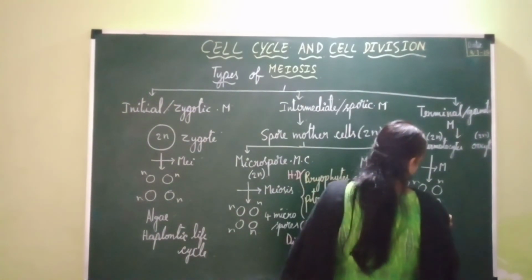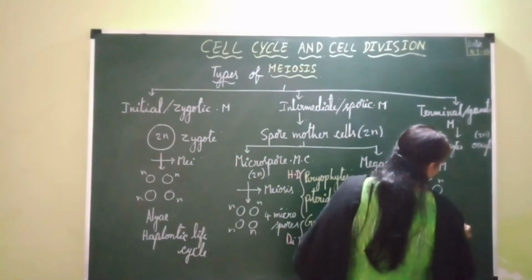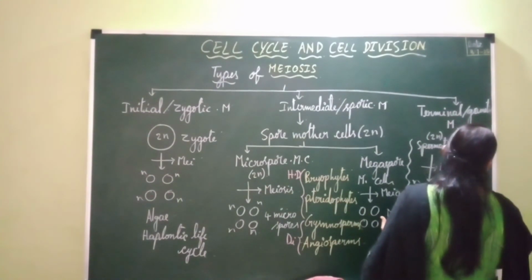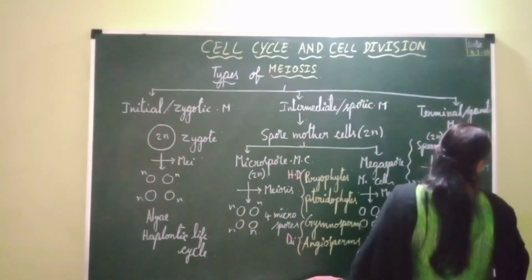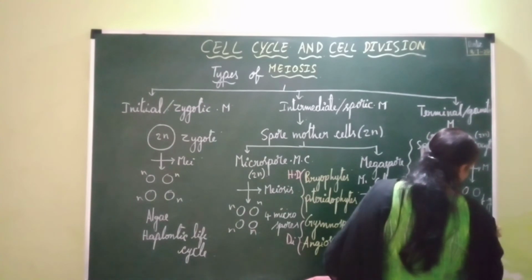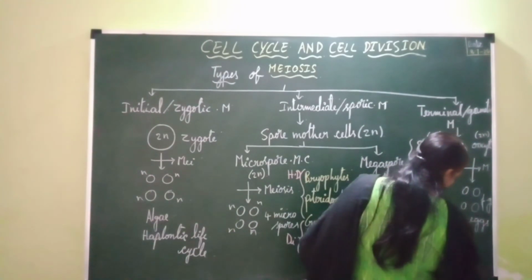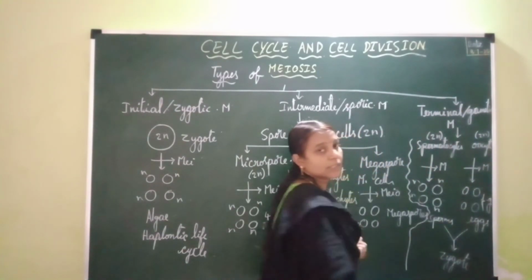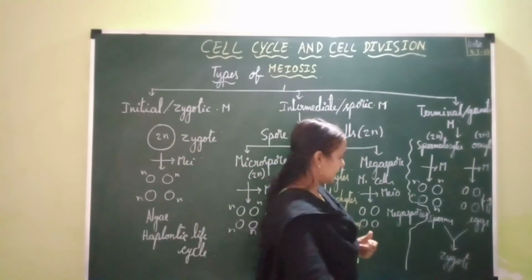Oocyte is also a diploid reproductive cell. It undergoes meiosis resulting in the formation of ova, or female gametes or egg cells. The sperm and egg fuse together again to form a zygote. This type of meiosis occurs in animal cells which exhibit a diplontic life cycle.